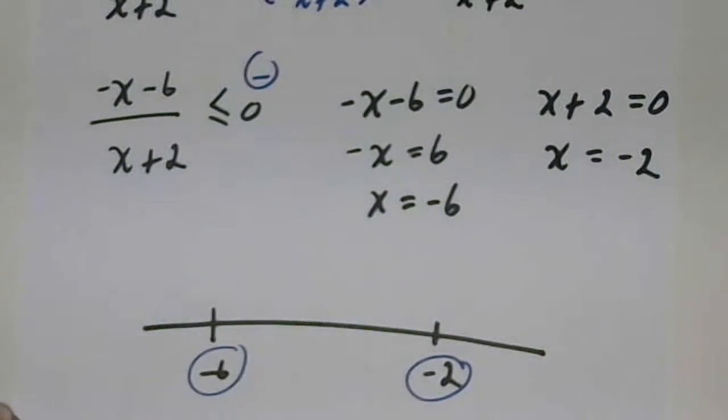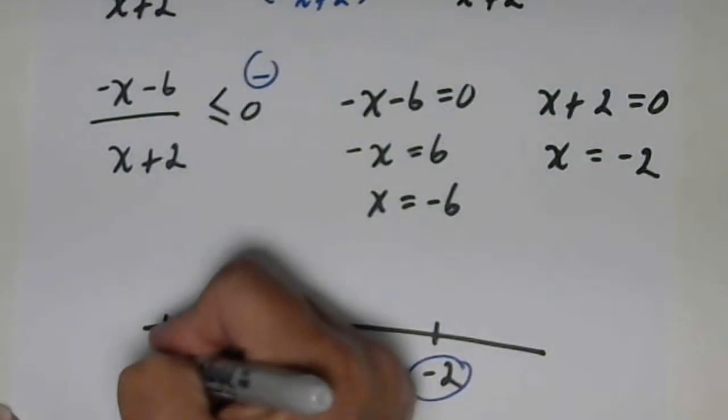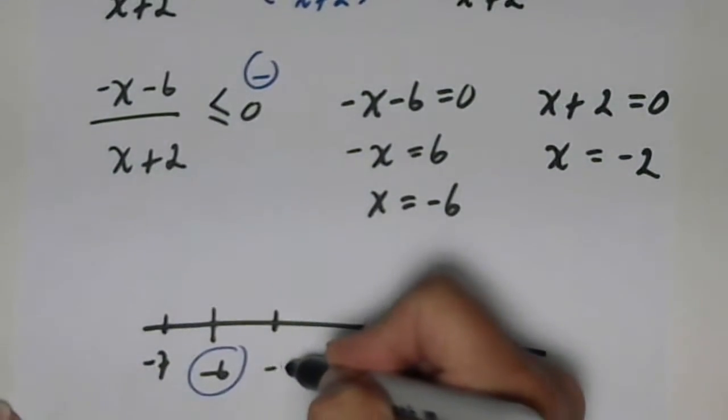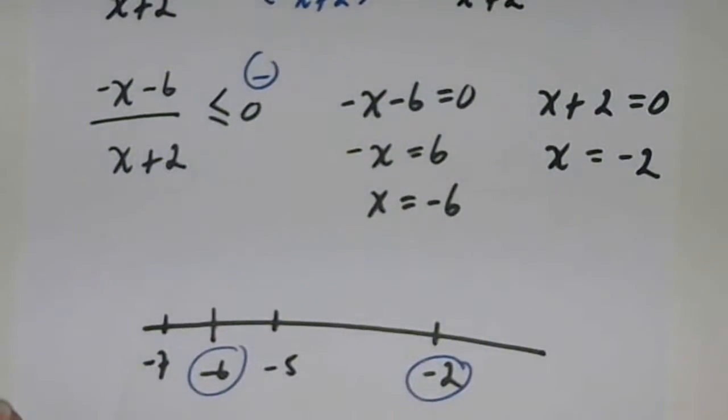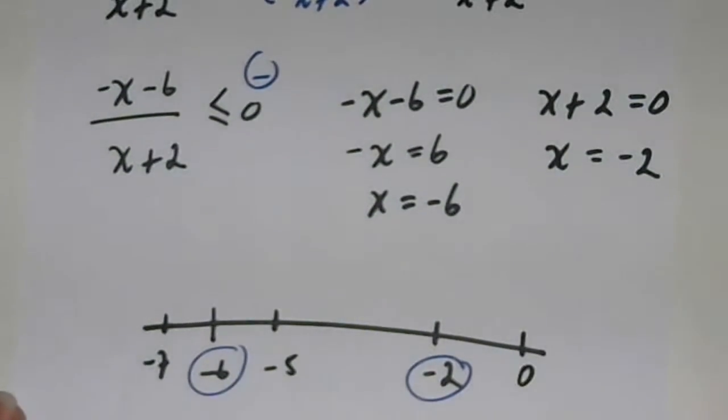So we're going to need 3 test values. Looking in this interval here, I'm going to go with -7. We can choose anything less than -6, but no need to get crazy with a super small number. -7 will be fine. In this interval, let's go with -5. Again, you could choose any number. And over here, let's go with 0.